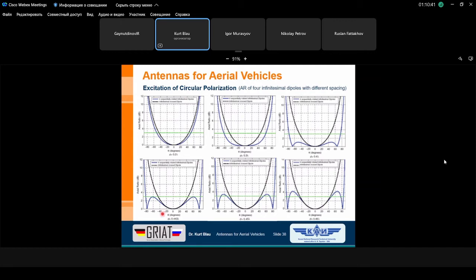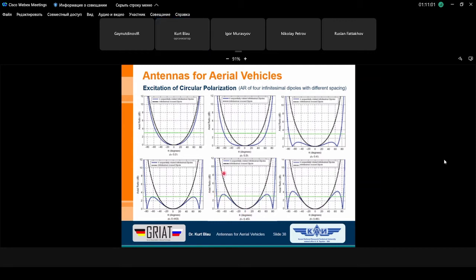And this value is a very sensitive value. You see, if we make it a little bit larger, then the difference between these two values is very, very small. And it's very sensitive in this range of the distance of dipoles.